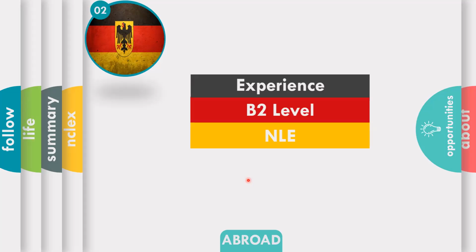I attended the training for almost 8 months. We studied the basic German conversations, the grammar, all about the German language from each level. So A1 level is the most basic, then A2, B1, B2.